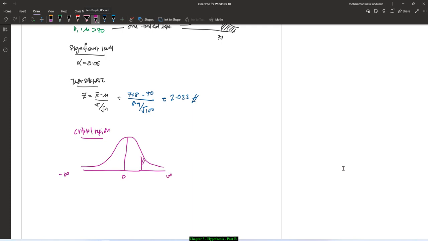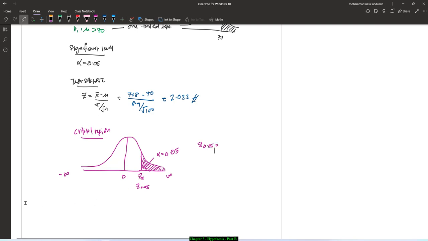The 70 should be here. This is the region we want to find. Alpha is equal to 0.05, and the critical value here is Z alpha, not over 2, which is Z 0.05.